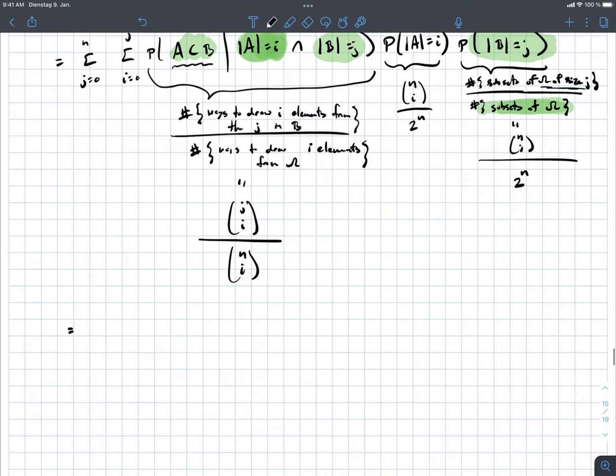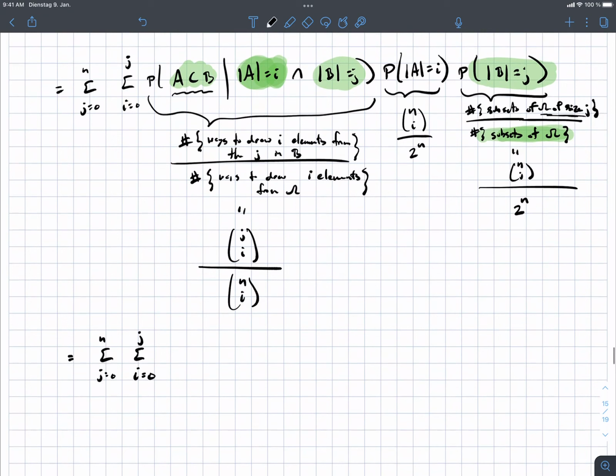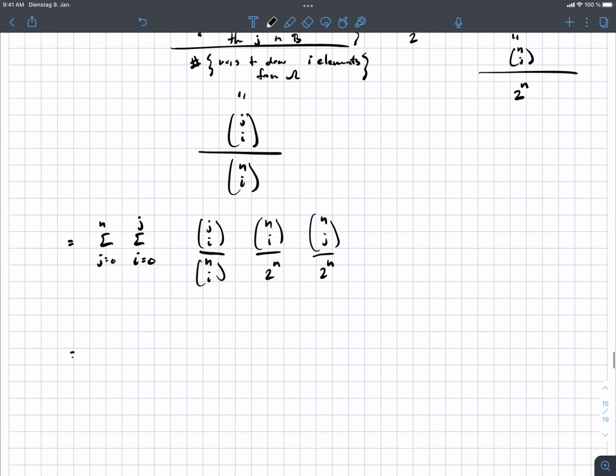So continuing on, I going from 0 up to j. Now I'm just going to write all this down. n choose I, n choose I, 2 to the power n, n choose j, 2 to the power n. Bringing these to the outside, I have 1/4 to the power n.